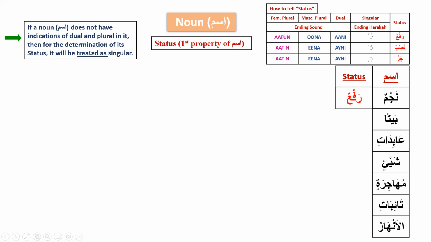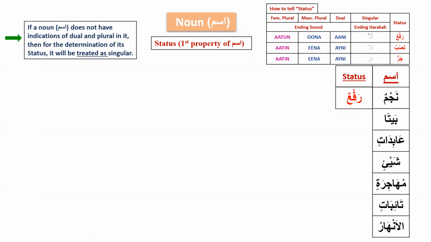And that's what this statement is saying here: if a noun does not have indications of dual and plural, masculine or feminine, then for determination of its status it will be treated as singular, and the rules of singular apply. So this is the mental process you should go through when determining the status of an ism.